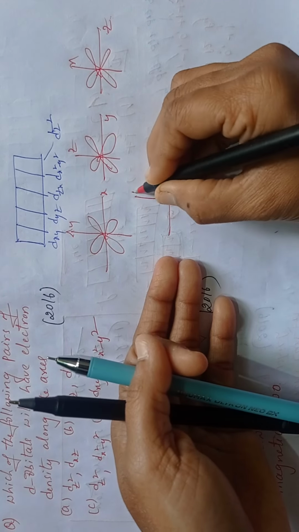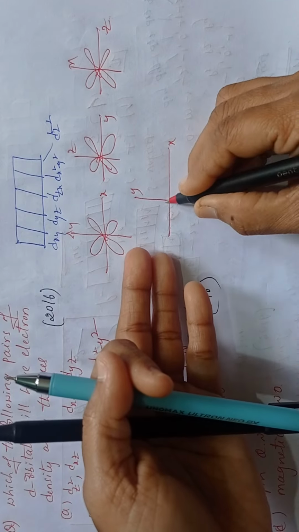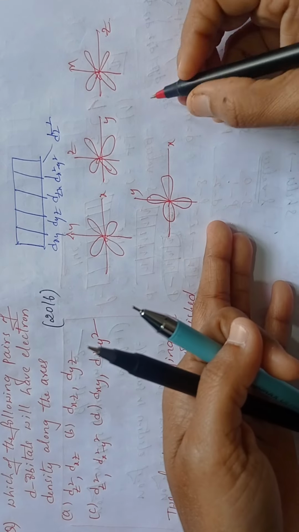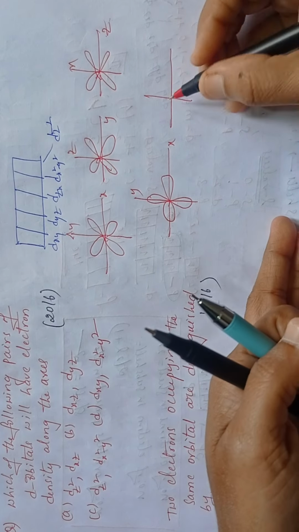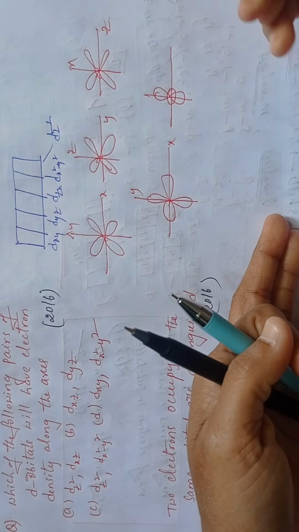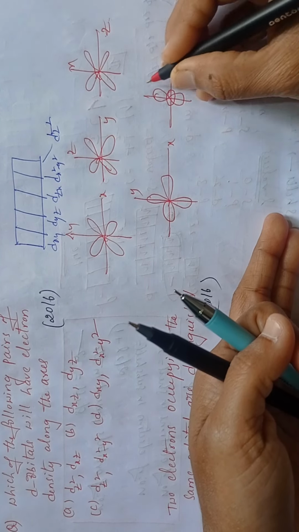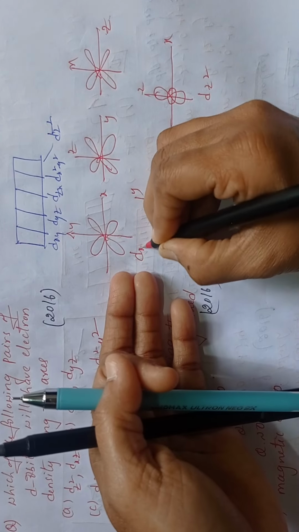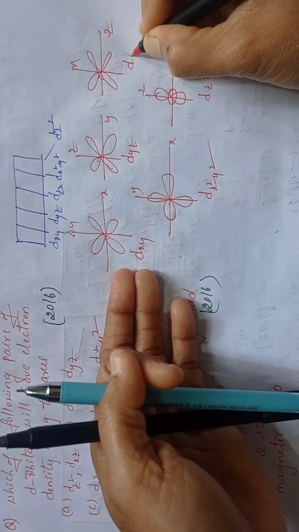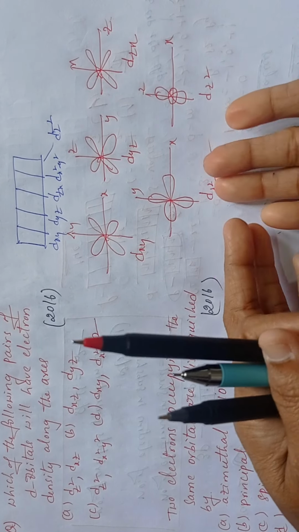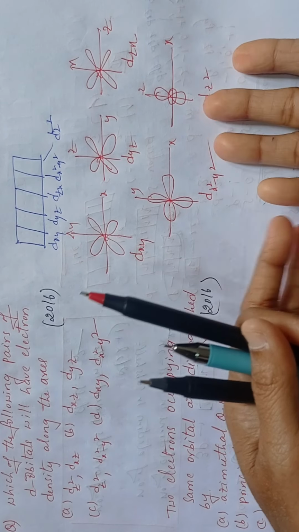This is x, this is y. dx square minus y square is along the x-axis and along the y-axis, a double dumbbell shape. And another one is dz square, that is along the z-axis, like this you have to take, and here one sphere will be there. This is dz square. Are you clear? This is dx square minus y square, this is dxy, this is dyz, this is dzx, correct? I discussed this in the last class, shapes of orbitals.